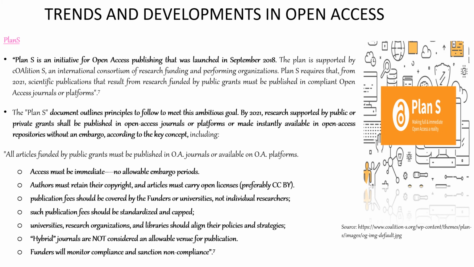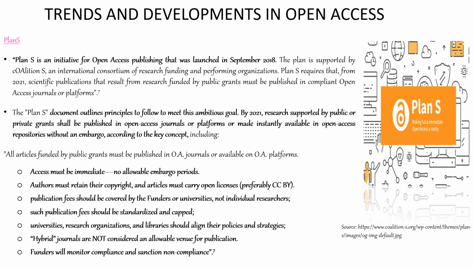Now here comes Plan S. Plan S is an initiative for open access publishing that was launched in 2018. This plan is supported by Coalition S, which is an international consortium of research funding and performing organizations.